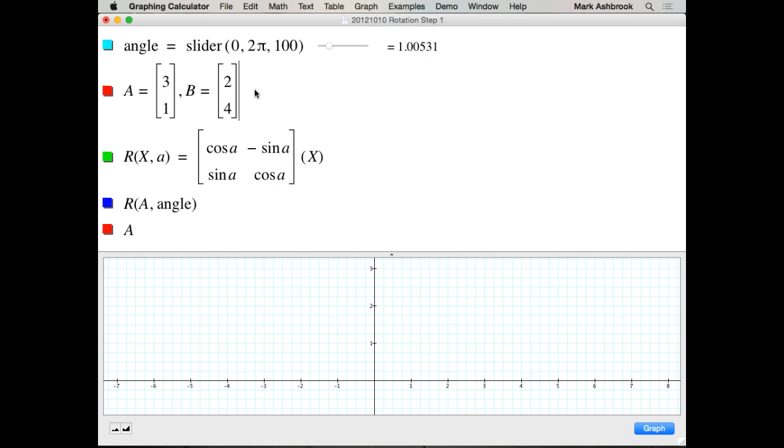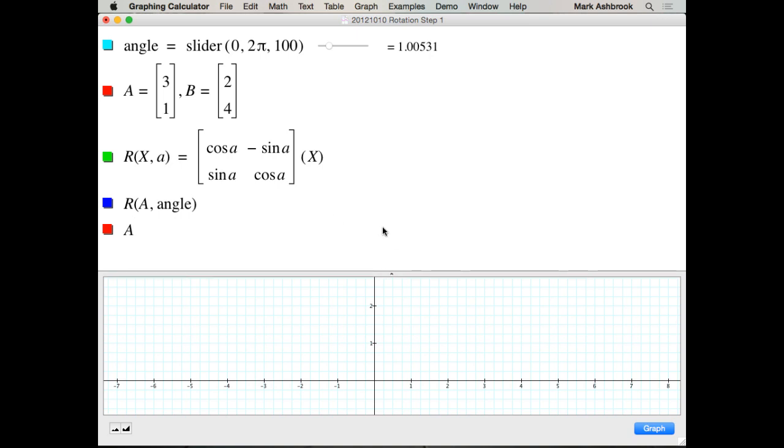Okay, so then what would I do? So now I've got another point. B is a different starting point, right? So what would I do if I wanted a different angle for that one? What would I need to do?